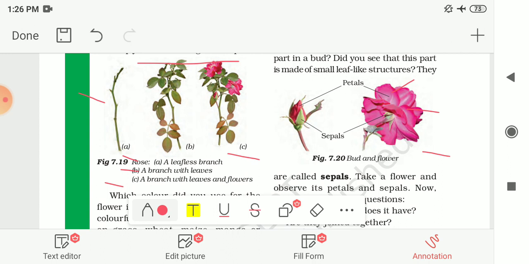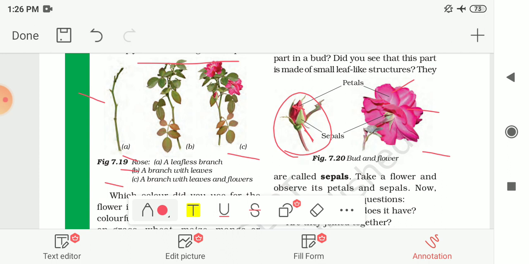Now where do you think the petals are in the closed bud? This one shows the closed bud of the flower. So where is the petal? Here you can see that the red color shows the petals of the flower. Now which is the most prominent, main part of this bud? We can see that this green part is the main part of the bud.